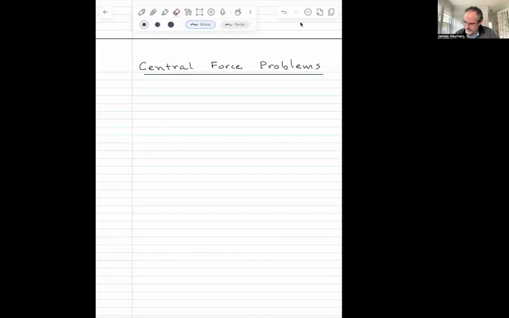In a central force problem, the potential energy is spherically symmetric.